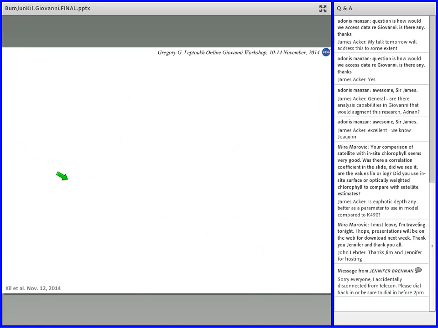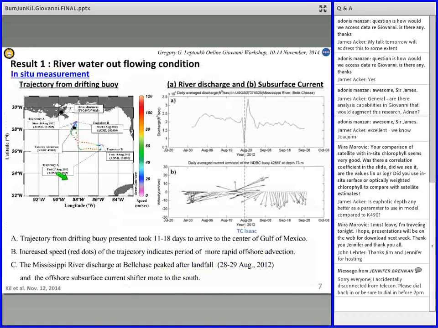But in my presentation, we can see this peak of the Mississippi River discharge is a very short moment. The Mississippi River discharge can be seen as an annual signal, during the summer season.